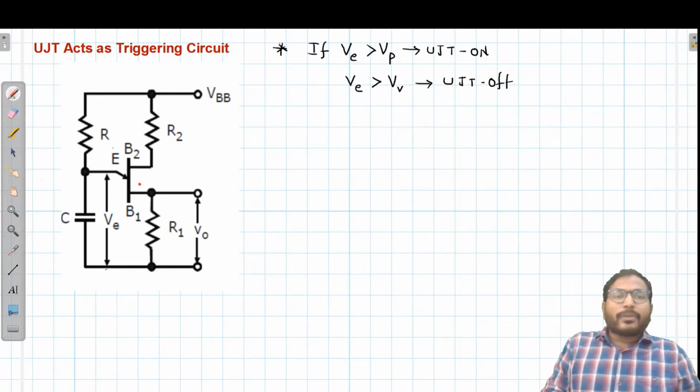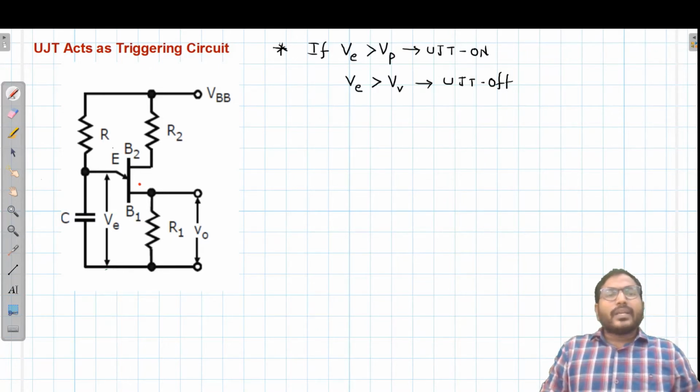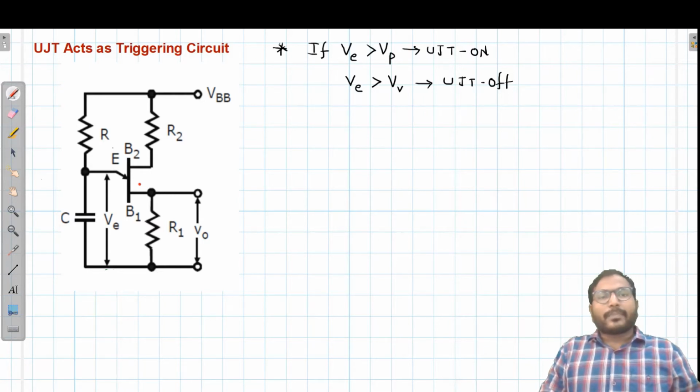Coming to the circuit diagram, here I am taking the UJT symbol having 3 terminals: emitter, base 1 and base 2. Each base terminal is connected to an external resistance, R1 and R2. A capacitor is connected between the emitter and base 1, and another resistance R is connected between the capacitor and the supply.